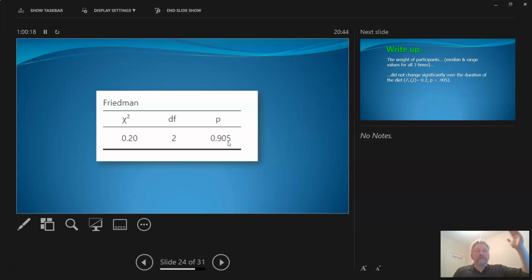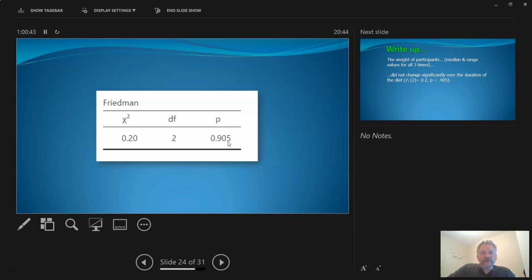That's way above our 0.05 cutoff. In other words, it's pretty likely this has just happened purely by chance. There's nothing of note happening here, just random fluctuations of scores. That's why weight each month wasn't perfectly the same. It just happened by chance.